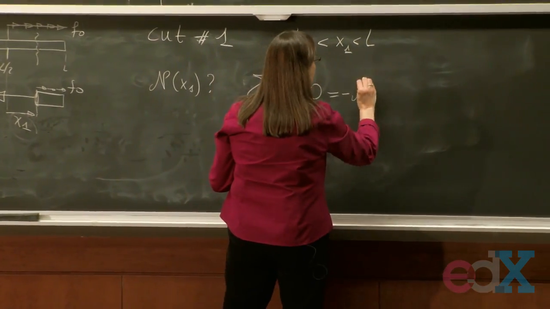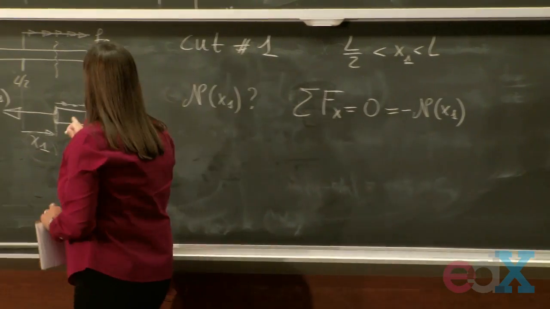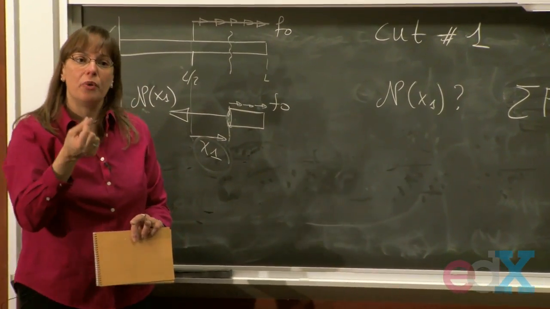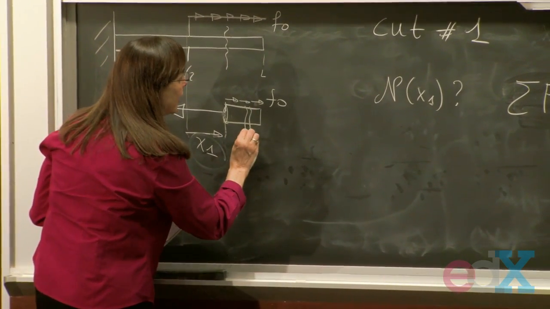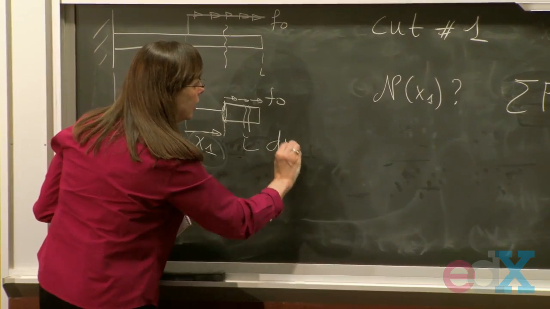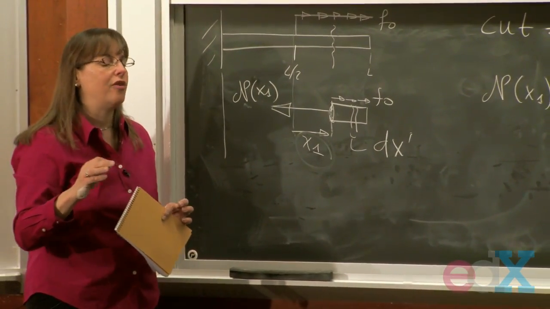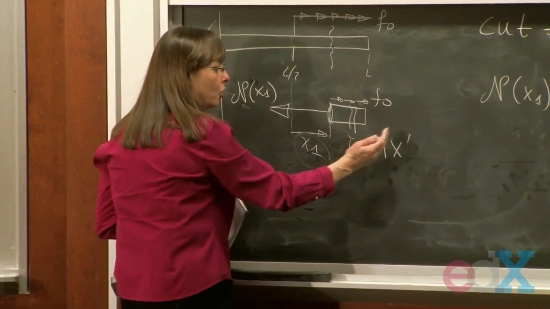Minus n of x1. And then I have what this guy is doing. This load is F0 per unit length. So each little slice here, dx prime, you already know that if I'm putting the prime, you're going to get into integrals, right? Because this is my variable of integration.